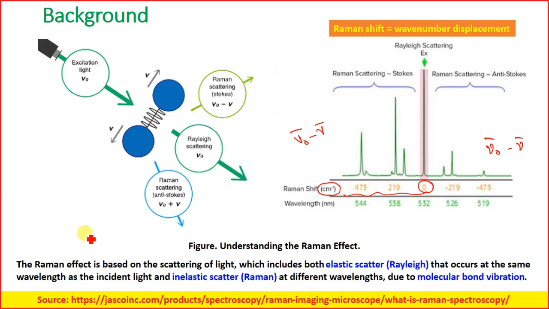I already told you lambda is in nanometer, and wave number, its unit is centimeter inverse, that means 1 by lambda. Are you getting my point? Now is it clear? Whatever the distance, this is the difference over here, delta E.